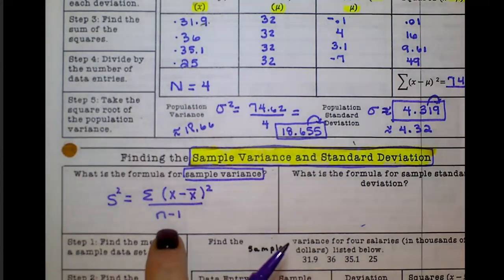When you deal with a sample, since it's not everybody in the population, the n minus 1 represents a degree of freedom, which helps you get a little bit closer to what the population would have been. So you do divide by n minus 1. So you take your sample size and subtract 1 from that.